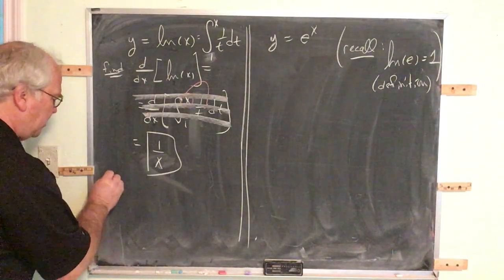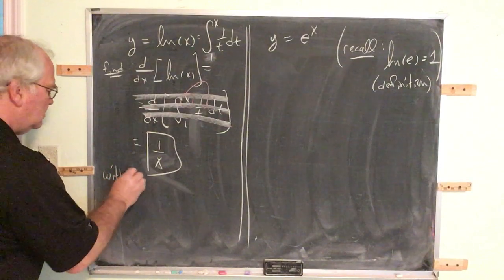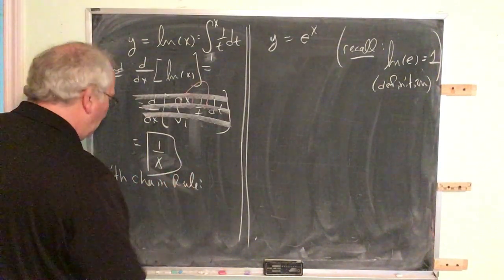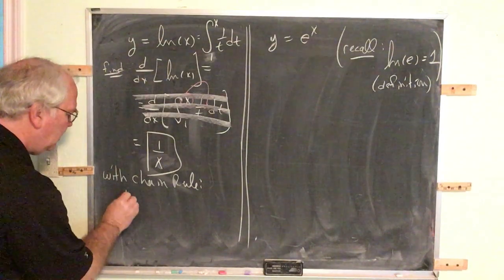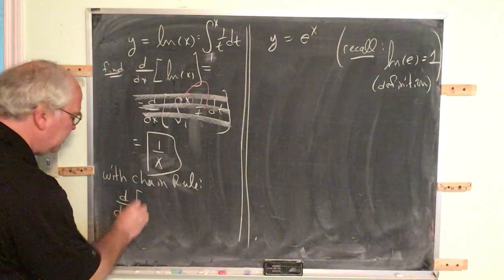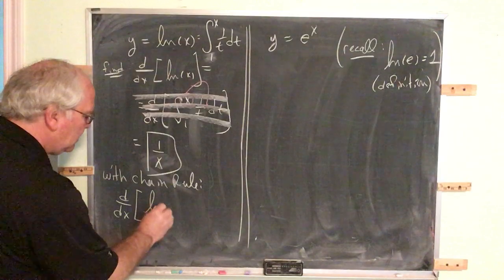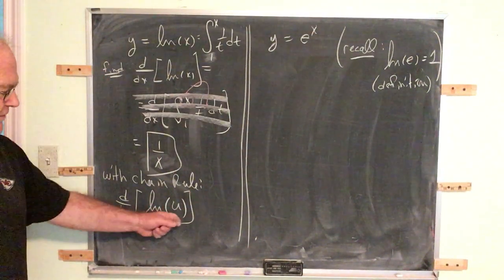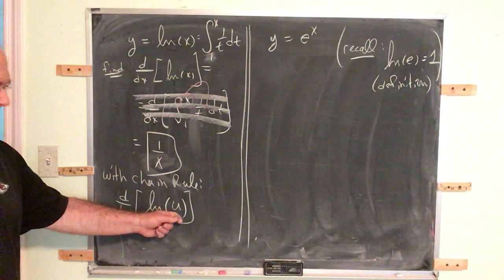And then we can use the chain rule, and this is the basic form. The derivative with respect to x of natural log of u is equal to some expression.